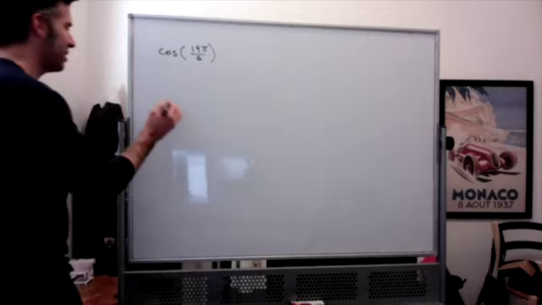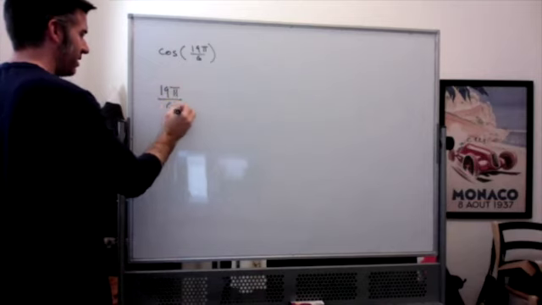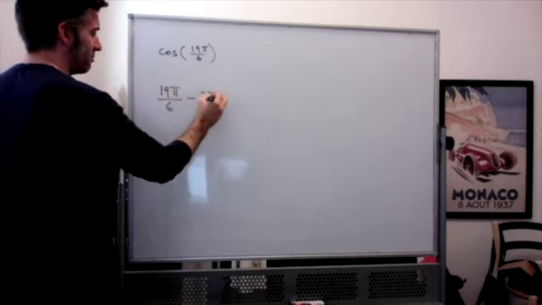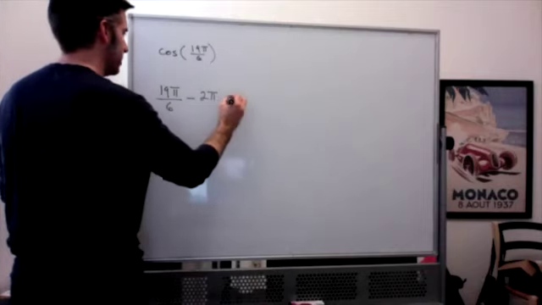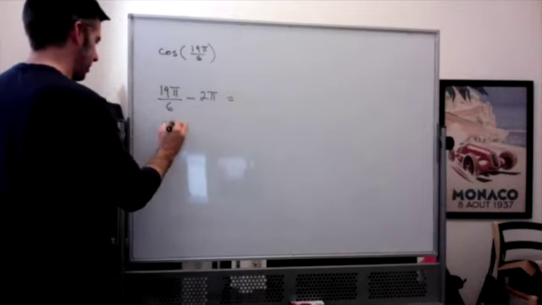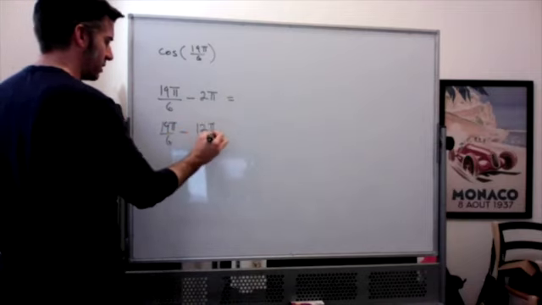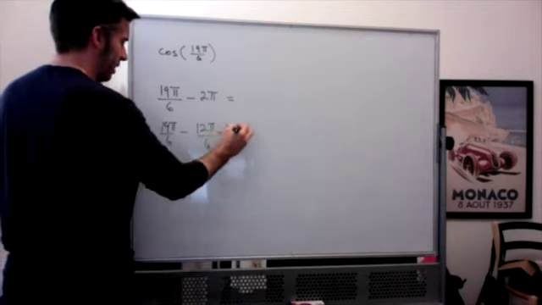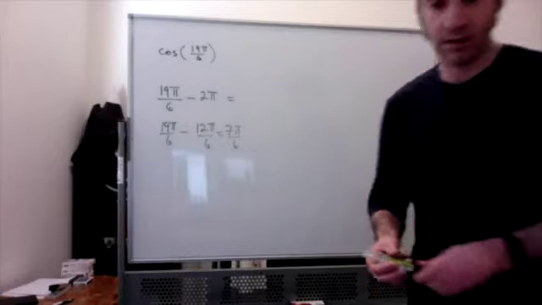So you can say, well, 19 pi over 6, I could subtract off 2 pi. 19 pi over 6 minus 2 pi is 19 pi over 6 minus 12 pi over 6, which is 7 pi over 6.